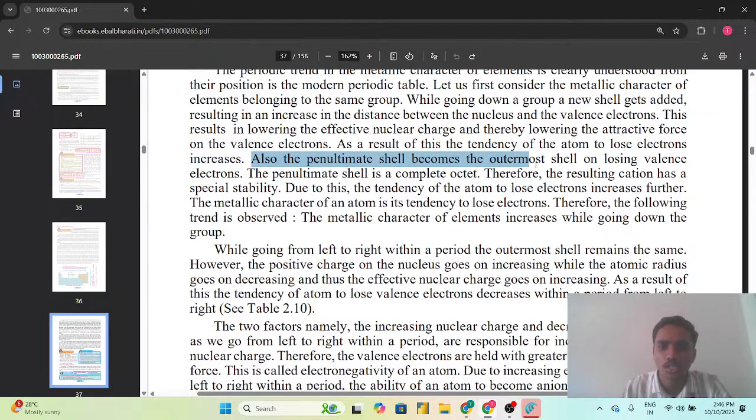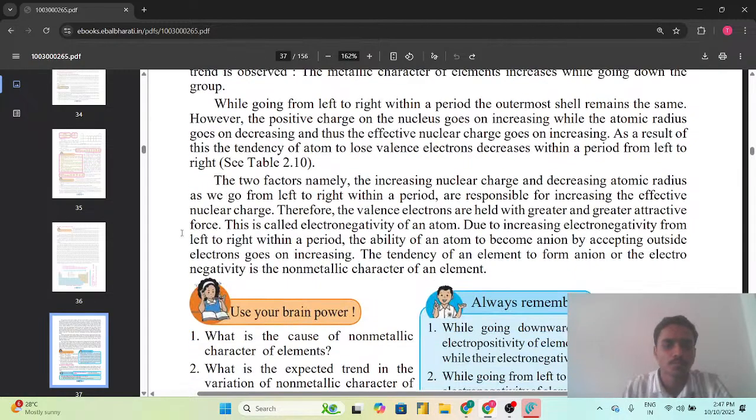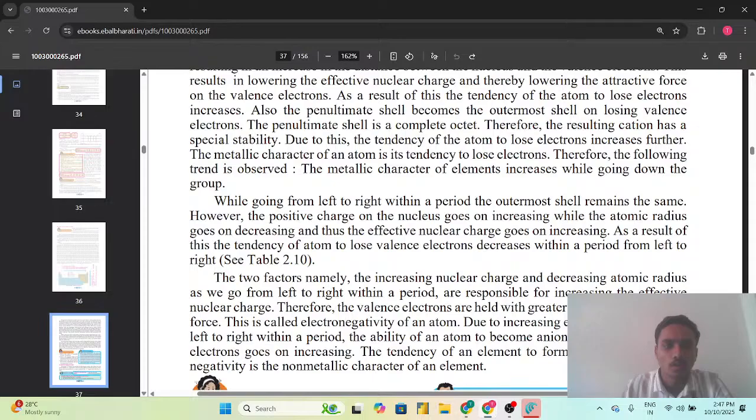Also, the penultimate shell becomes the outermost shell on losing the electrons. The penultimate shell is a complete octet. Therefore, the resulting cation has special stability. Due to this, the tendency of the atom to lose the electron increases further. The metallic character of an atom is its tendency to lose electrons. Therefore, the following trend is observed: the metallic character of the element increases while going down the group. So while going down the group, the metallic character will go on increasing.